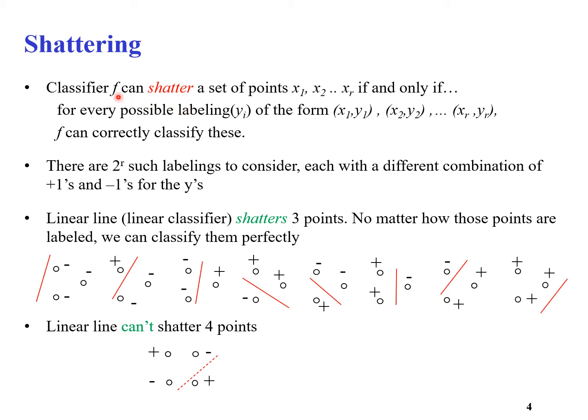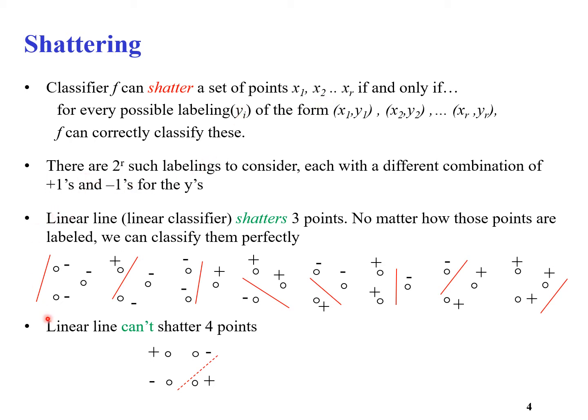We say a classifier F shatters these data points if and only if, for every possible labeling of y, this classifier F can correctly classify them. If that is the case, we say this classifier shatters these data points. That is the definition of shattering.